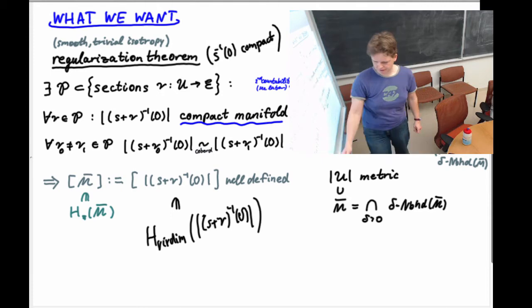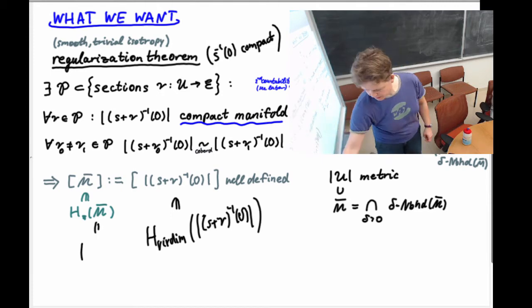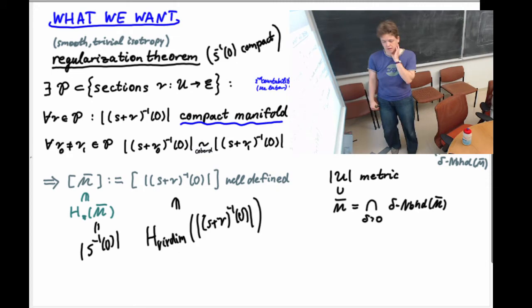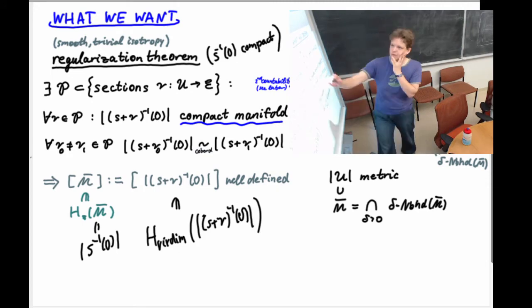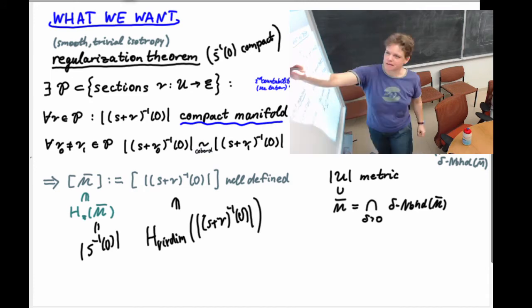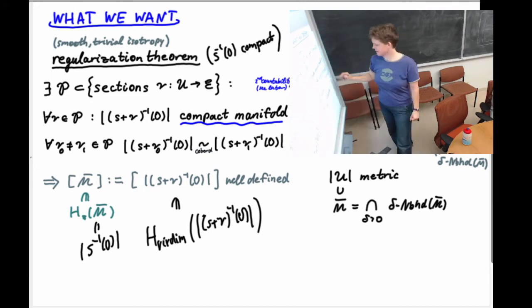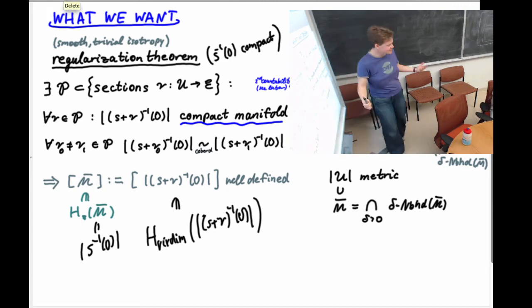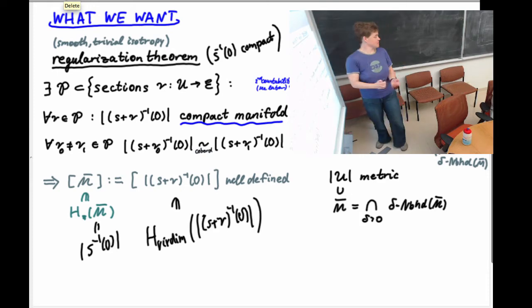And what does this have to do with the homology of my moduli space, which is the unperturbed zero set regularized? So, is there any map from the perturbed zero set to the unperturbed one? Not naturally yet. We'll see.